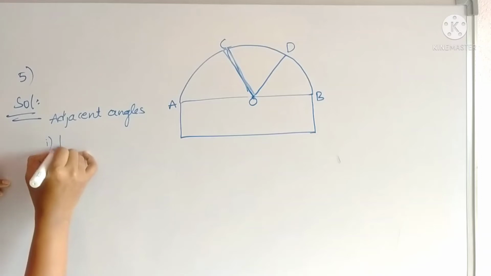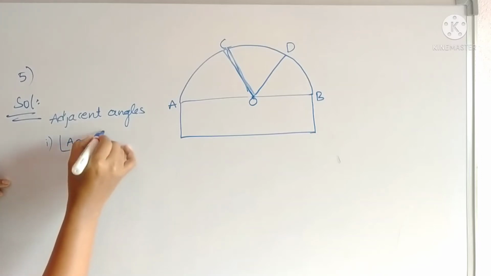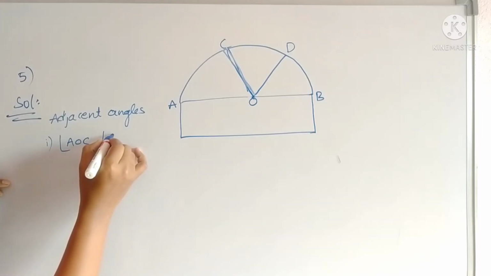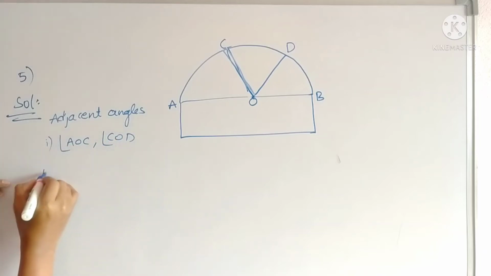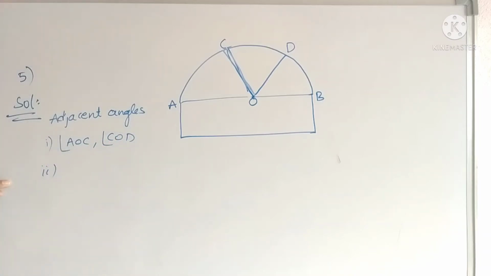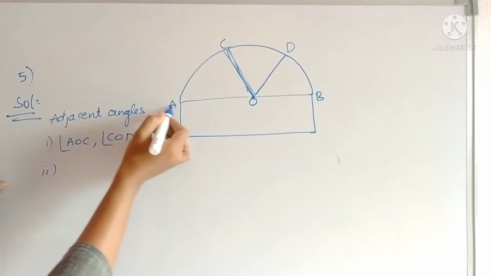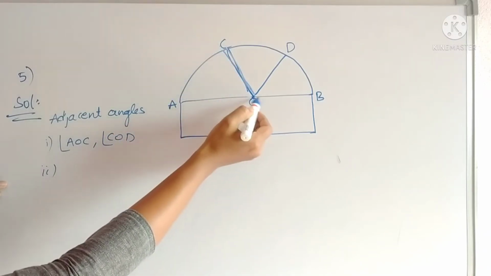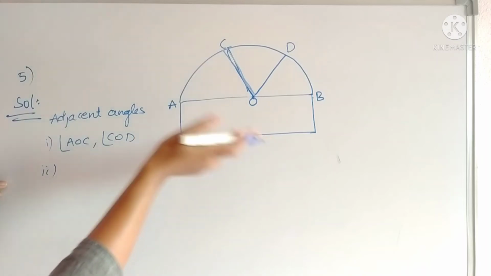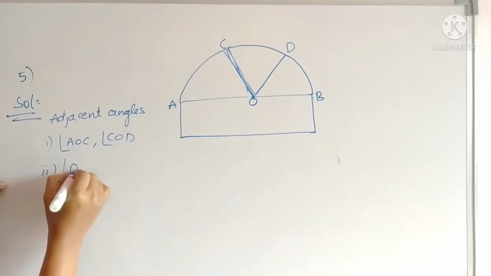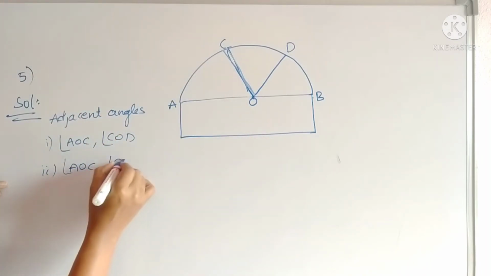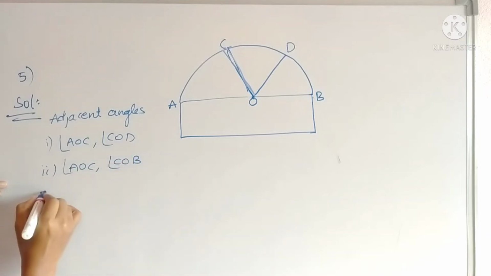So first one, angle AOC, angle COD. Next we can write COB also, na? AOC and COB also. OC is a common arm. Angle AOC, angle COB.